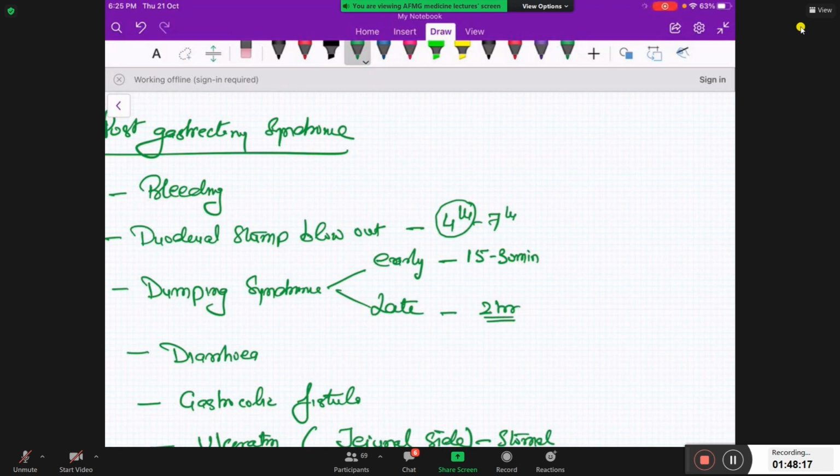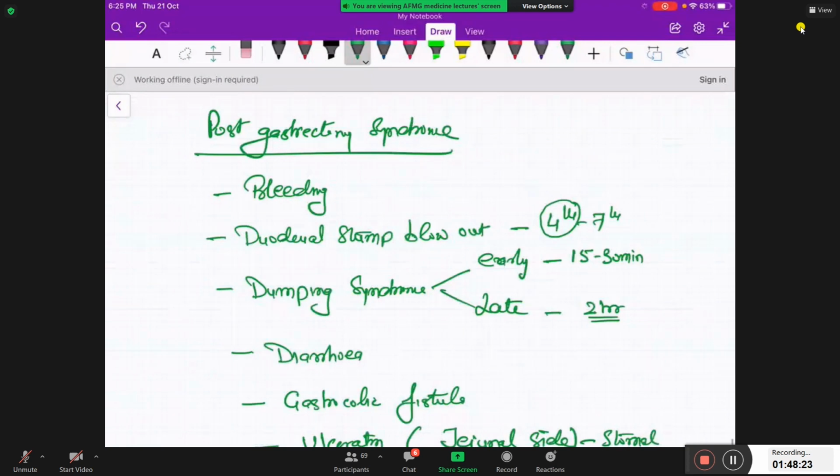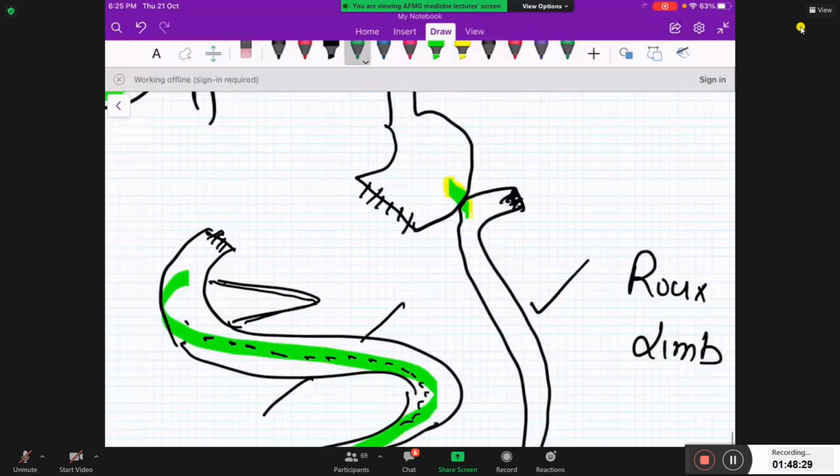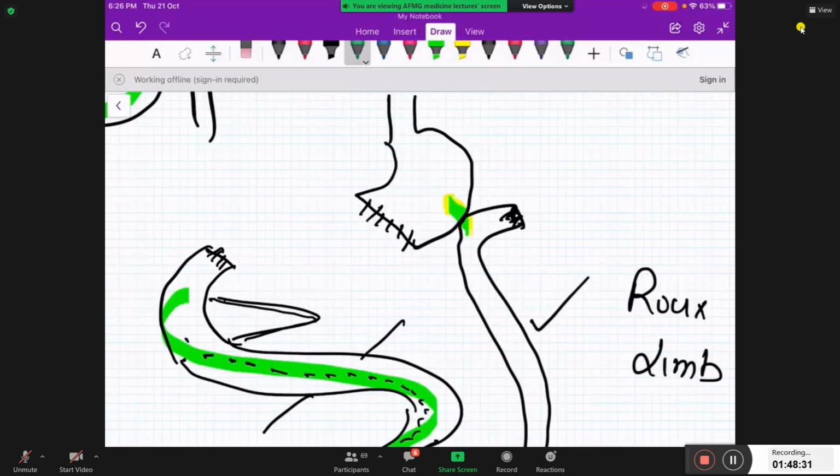So now jejunum is receiving stomach contents directly, right? So what is going to happen because of this? One such problem is early dumping. What is that early dumping? Now what happens is, most of the food we take is mainly made up of carbohydrate. And this carbohydrate constitutes a major bulk of our diet.